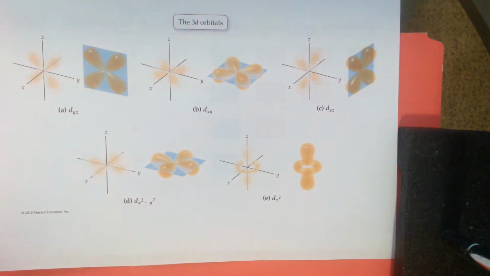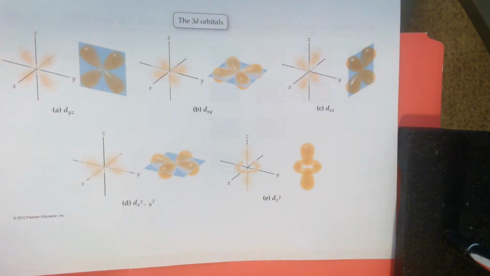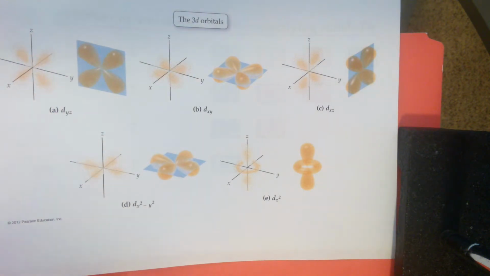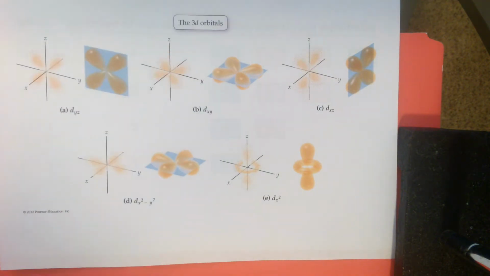The orientation references which x, y, and z axes the lobes are lined around. So there are 5 different ones, and again, each individual orbital that you see there only has a maximum of 2 electrons.